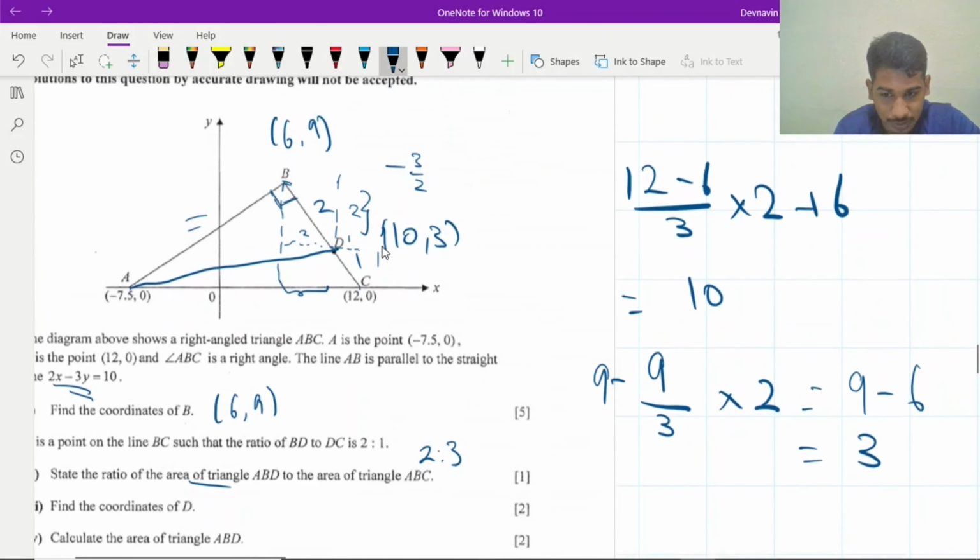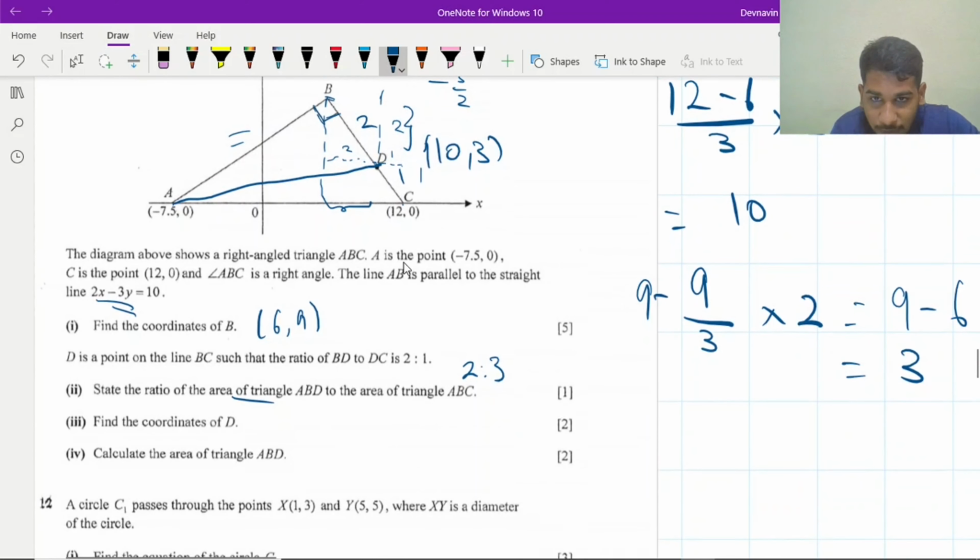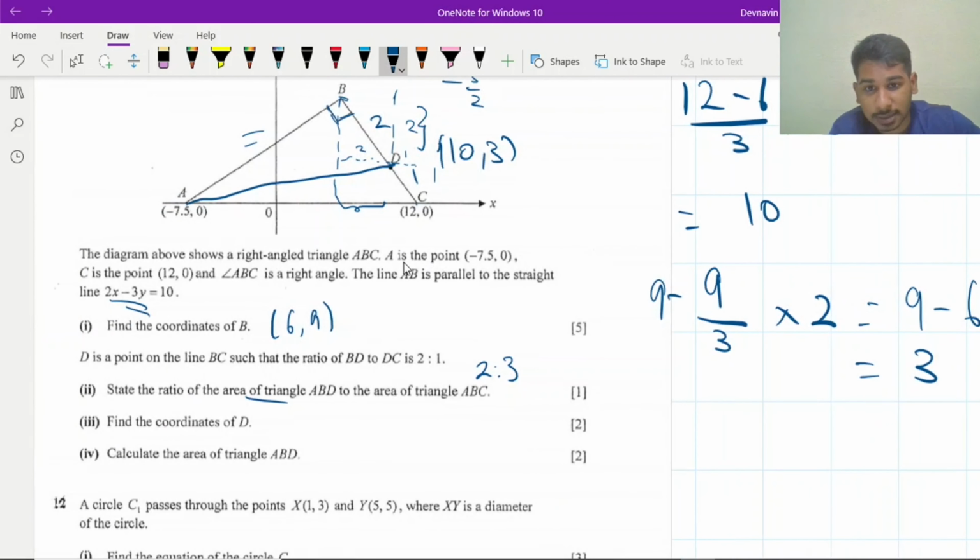Calculate the area of the triangle ABD. If we know the area of the triangle ABC, we can find the area of triangle ABD. So let's find the area of triangle ABC. We know the base and we know the height, so we can find the area of ABC.